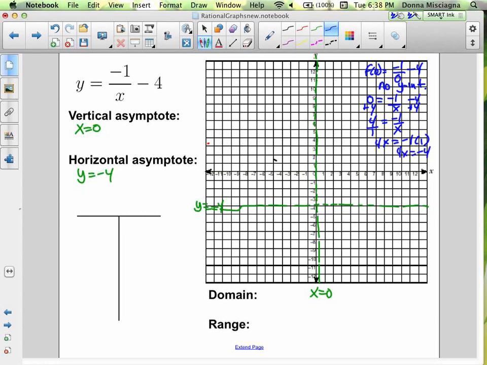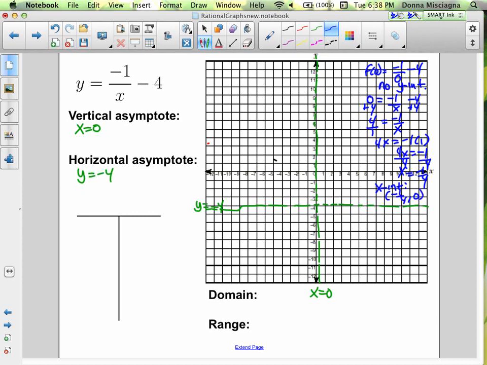Oops, -1. I said -1, I did not say -4. And then divide both sides by 4. So x is -1/4. So while there's no y-intercept, there is an x-intercept, and that point is -1/4, 0.